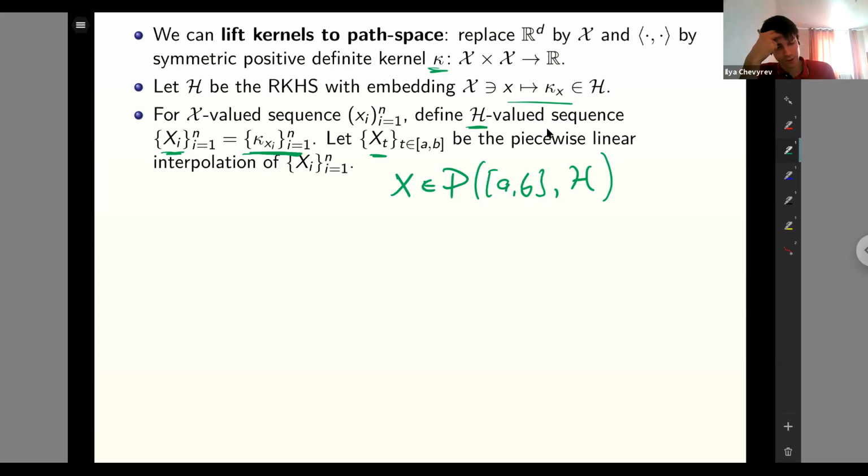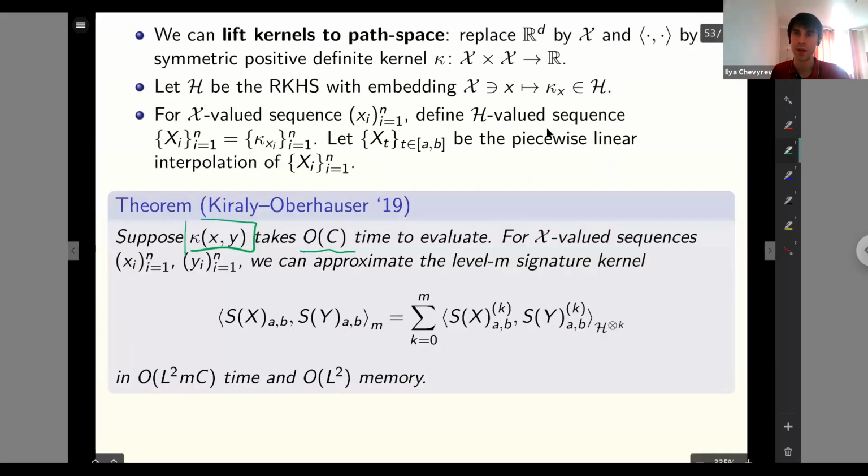This is an extension of the algorithm or the running time theorem that I had before. Suppose that for two elements, little x and little y, computing this kernel kappa xy takes some amount c of time to evaluate.